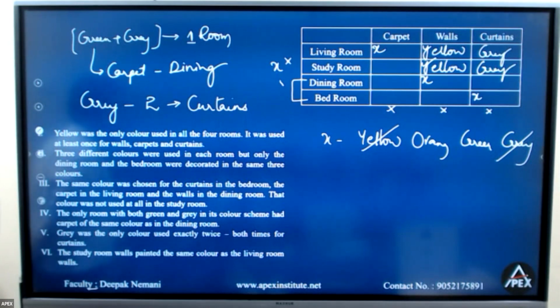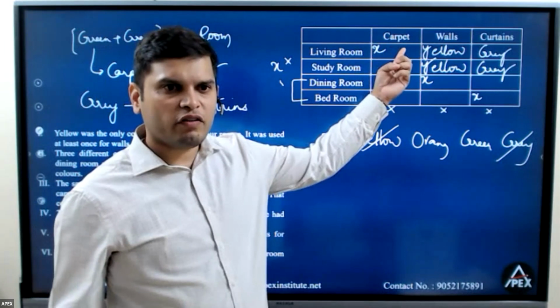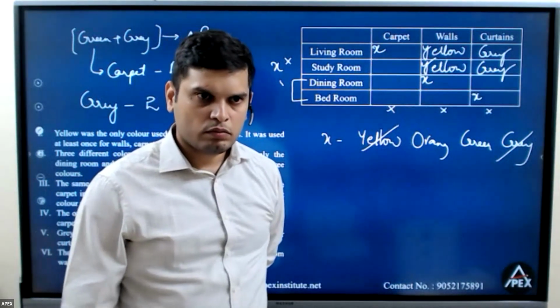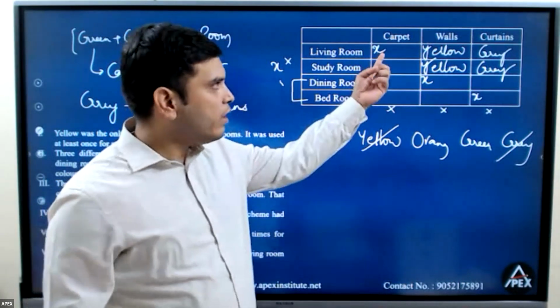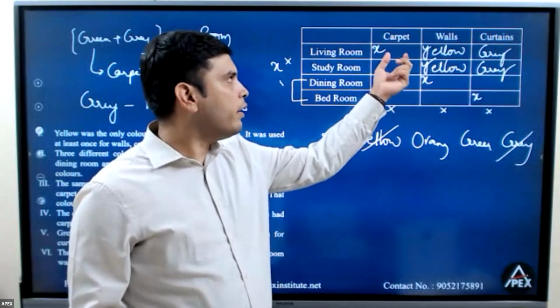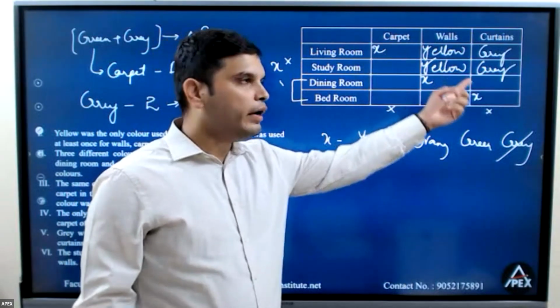Okay, we'll come to that. This X can also be green, right? Then you have green and gray combination only. X can be either green or orange. Now if this is green, then you have green and gray in the color scheme for the living room. If X is orange, then it will be the study room.